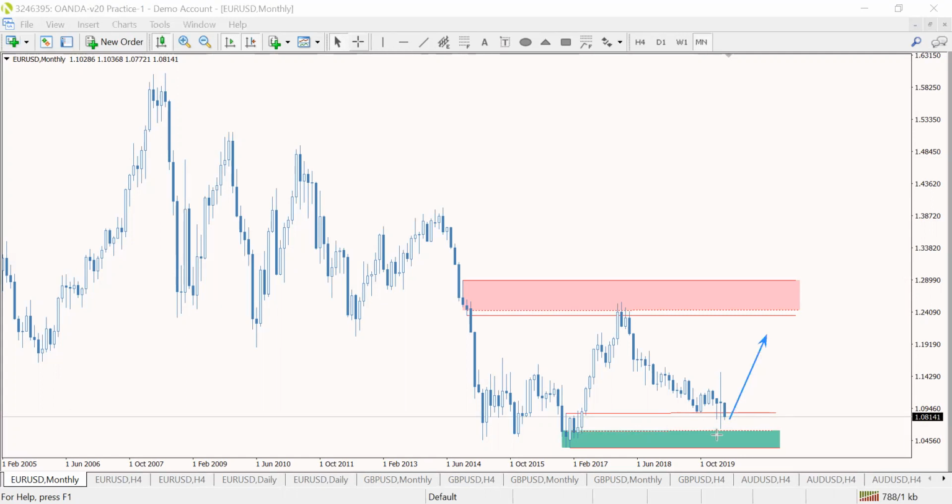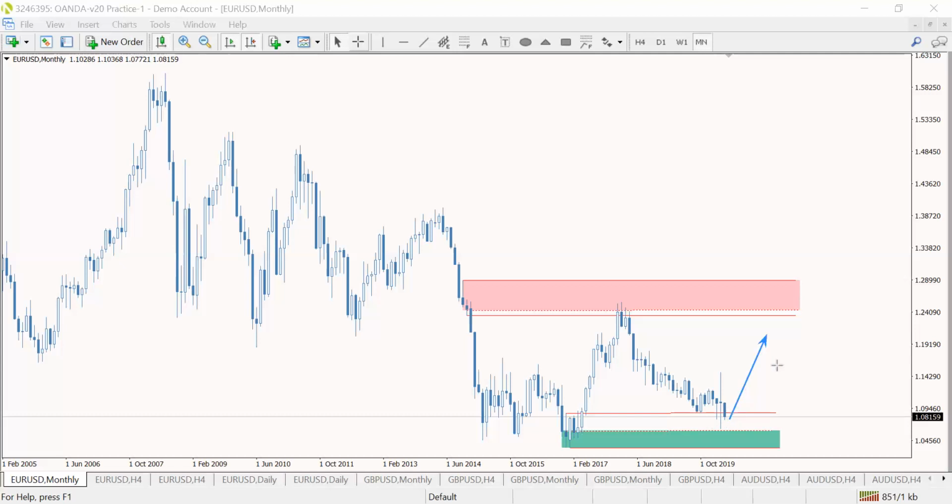That means a lot of people are looking to buy the euro here. If you use technical terms, you can say there is more liquidity in this area. But I am concerned that this market doesn't want to move up immediately. It was supposed to move up immediately because of imbalance and a lot of liquidity here.